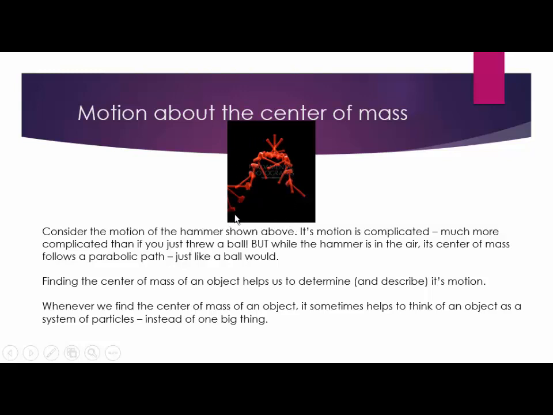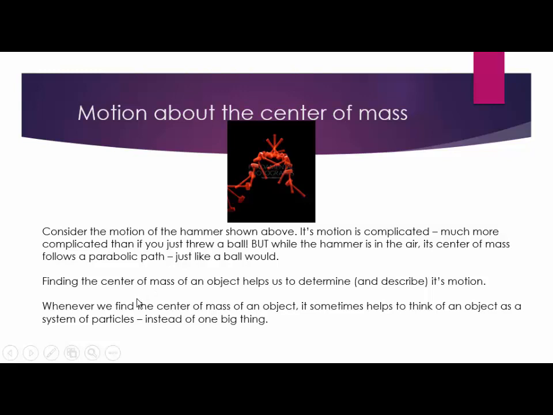That's what we've been focused on so far. Whenever we calculate forces and acceleration, we're calculating that force and acceleration on the center of mass. Describing the motion of the hammer itself would be pretty complicated, but describing it with the center of mass is much easier.